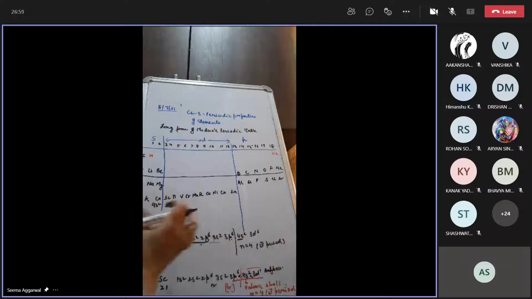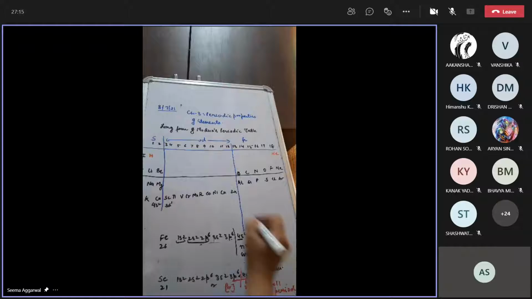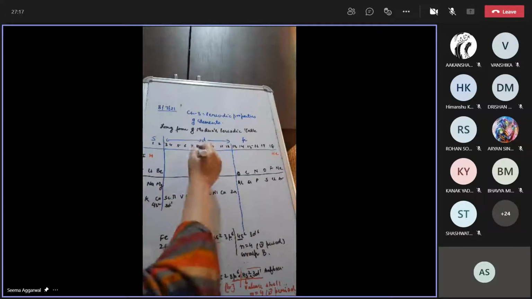And how many electrons are present after the noble gas core? Total 4s2 3d6, which is 8. It belongs to group 8. So iron is a group 8 element.